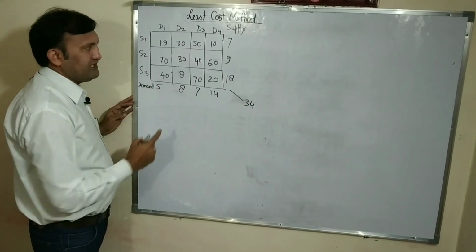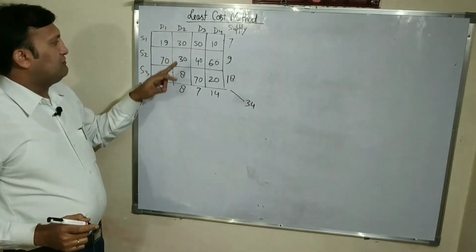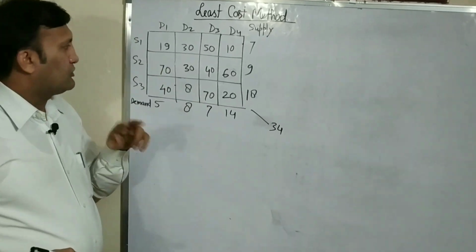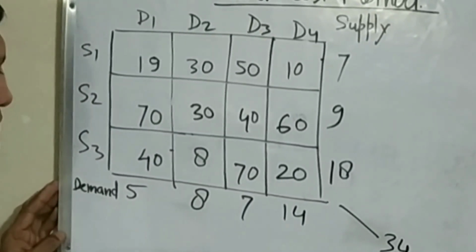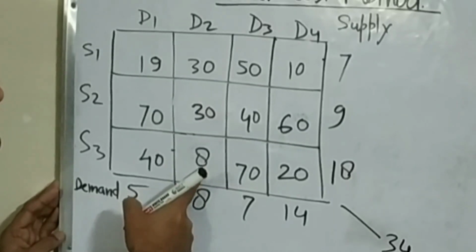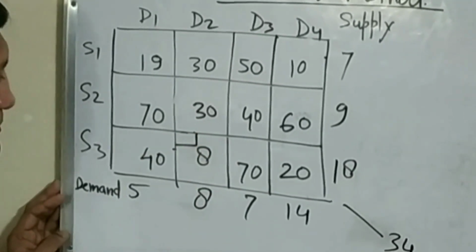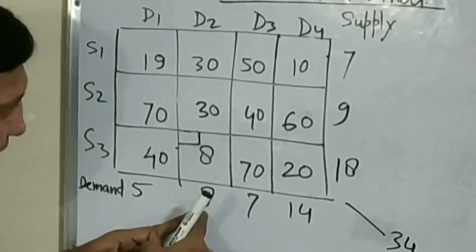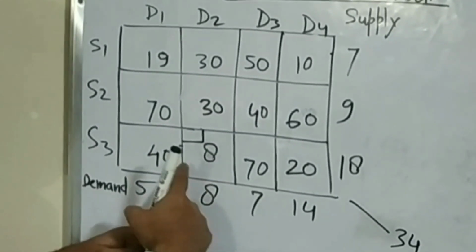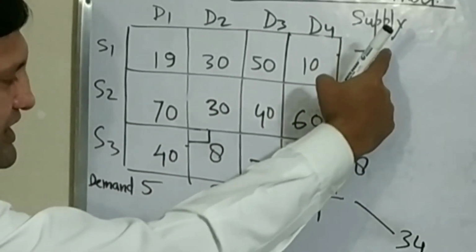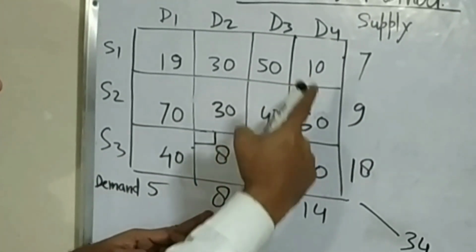So what we will be doing in the least cost method, wherever we find the cost is least, we will start allocating from there. We see that 8 is the minimum cost, so we will start our allocation over here. While allocating, we have to see in that particular row and column which one, supply or demand, is less.